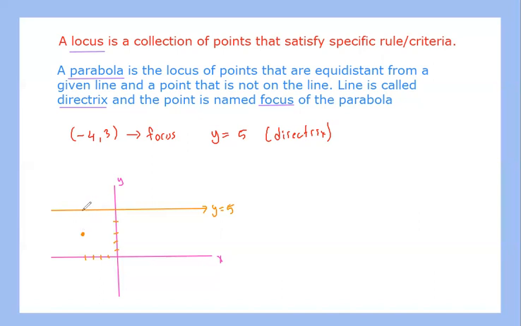Looking at the distance between these two, it will be something right there, and this is one of the points that will be on the curve. Another point that has equal distance from this focus and this line, like this one, will have the same distance.